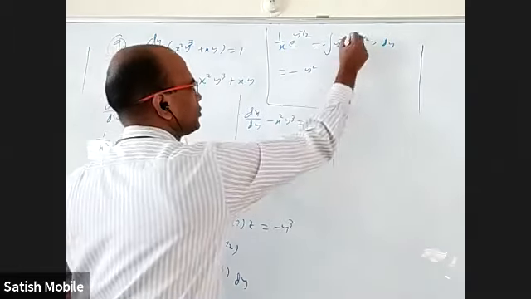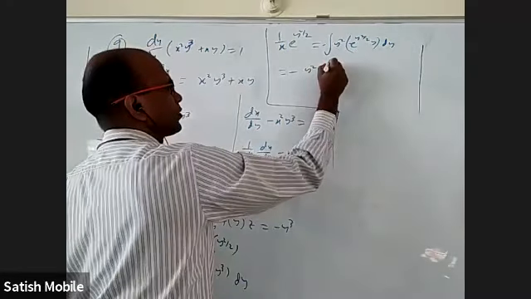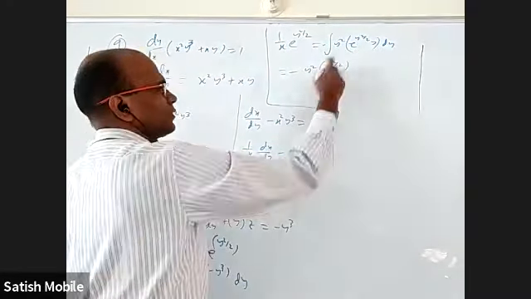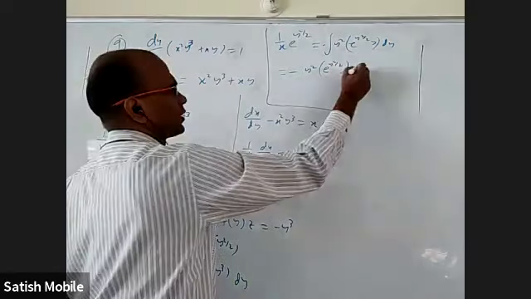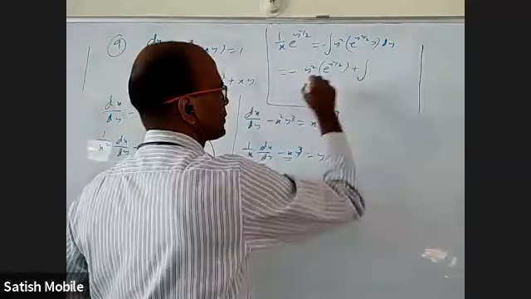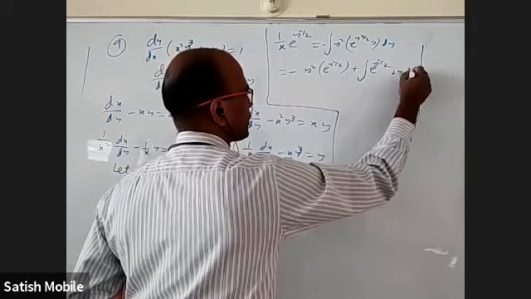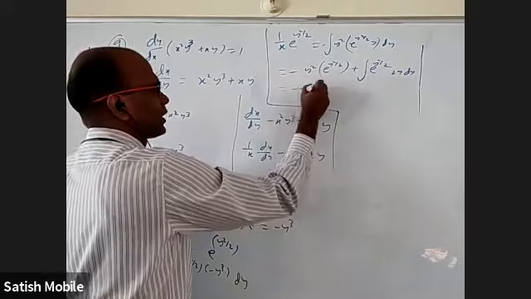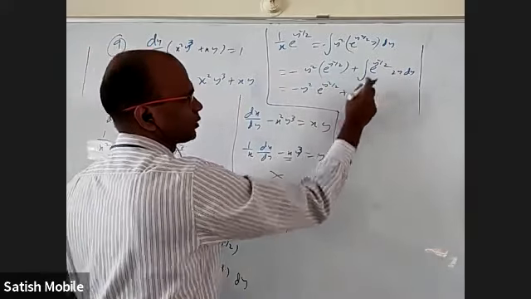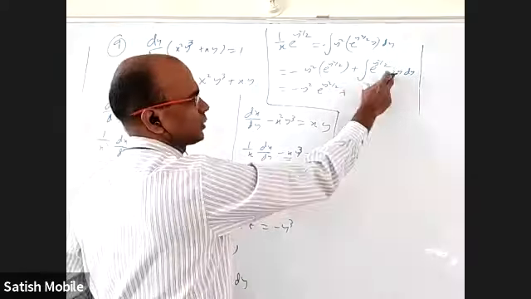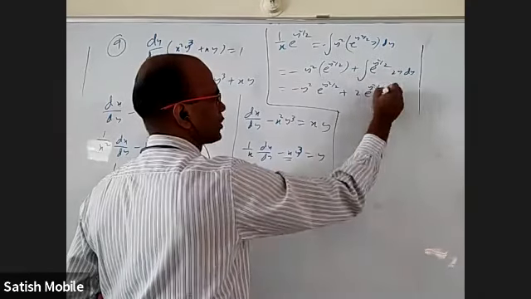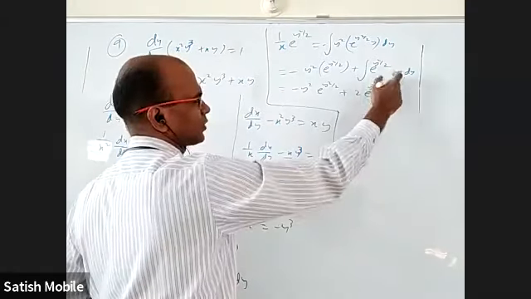Y square into, for this part, integral is e power y square by 2. You can see for this is a derivative, so for this is integral. Minus of minus plus e power y square by 2 will continue. Derivative of y square is 2y dy, which is minus y square e power y square by 2. For this, it is derivative nice except 2, so it is e power y square by 2 integral, because for this is a derivative, for this is integral.